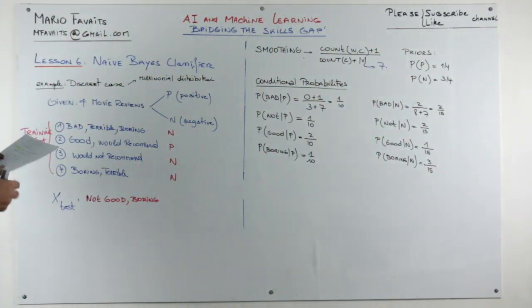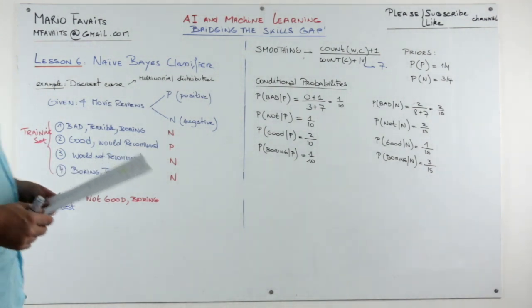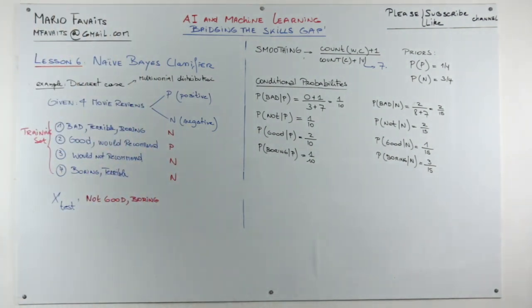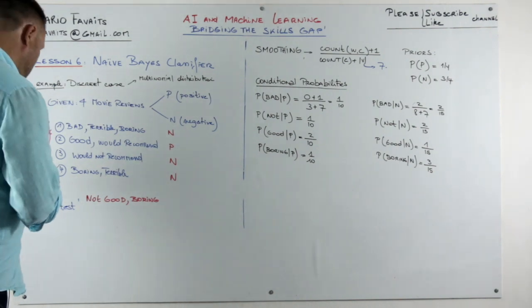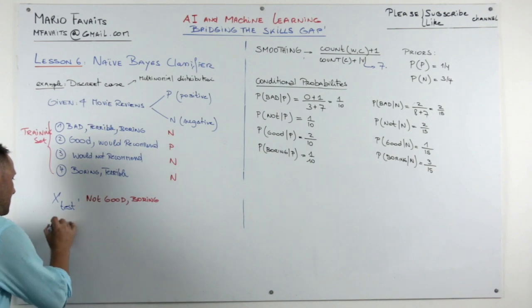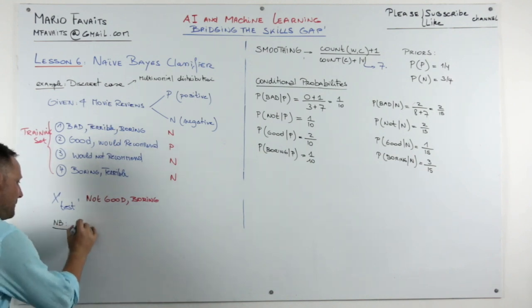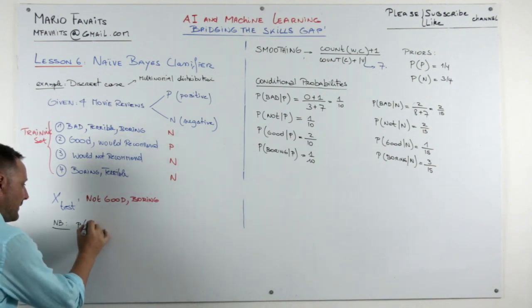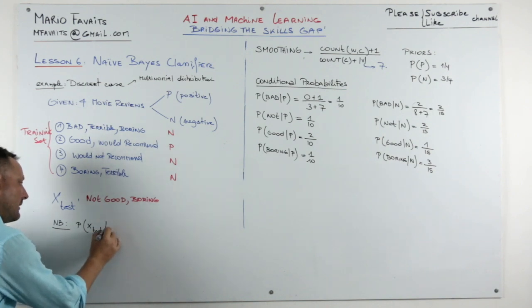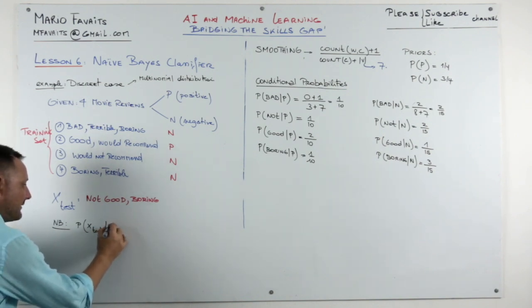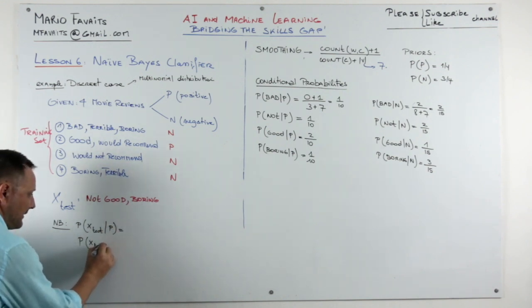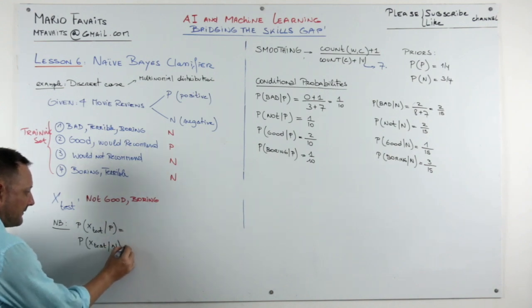Okay? So this is basically what we have to decide if this review is going to be positive or negative. So if we use naive Bayes in this case, the probability of this, let's call this X test, given that the review is positive, equals, and we also need the probability of X test given the review is negative.